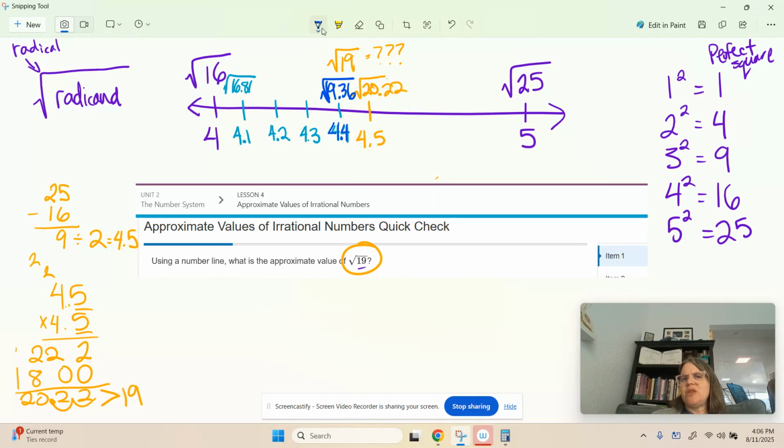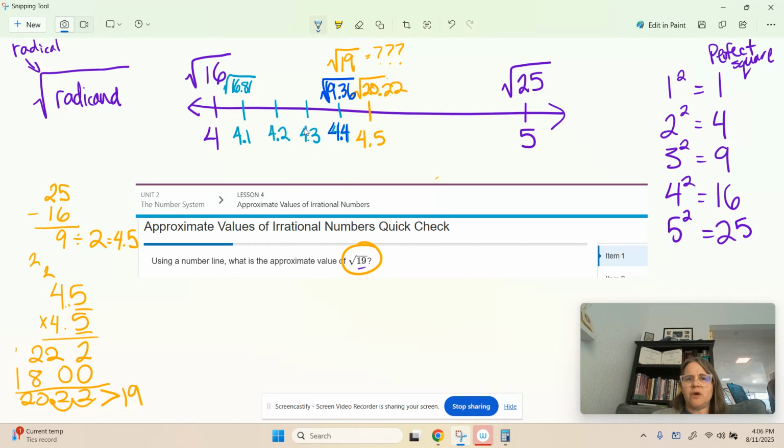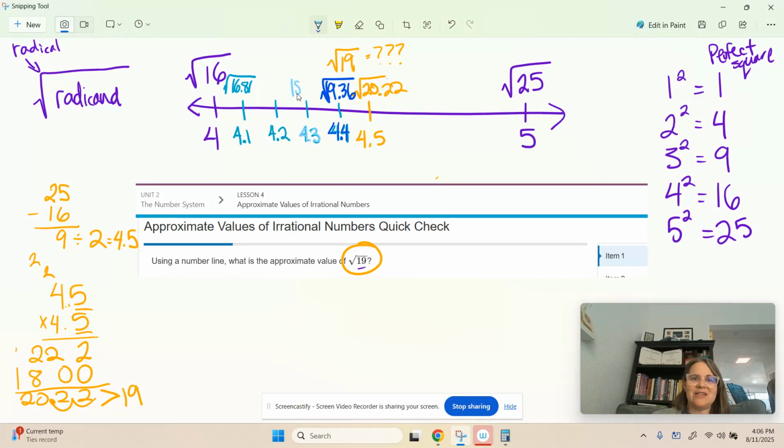Let me see what 4.3 is. Let's check it out. I'm excited for it. 4.3. What's that going to be? 4.3 times 4.3. 18.49. Wow.